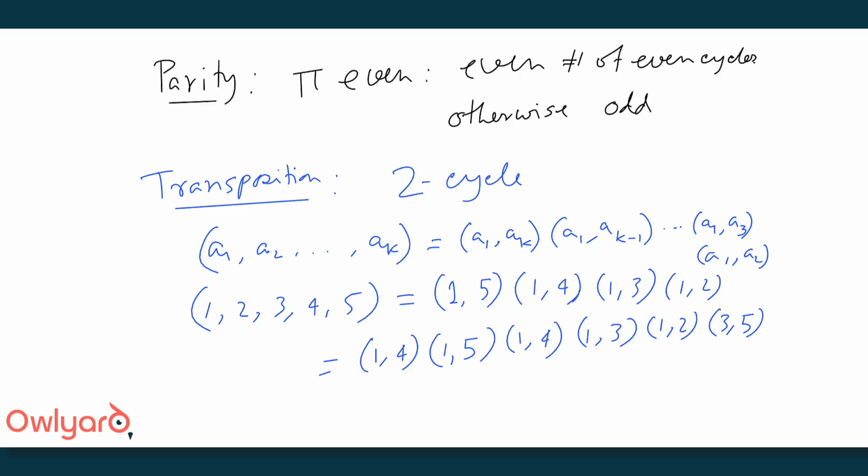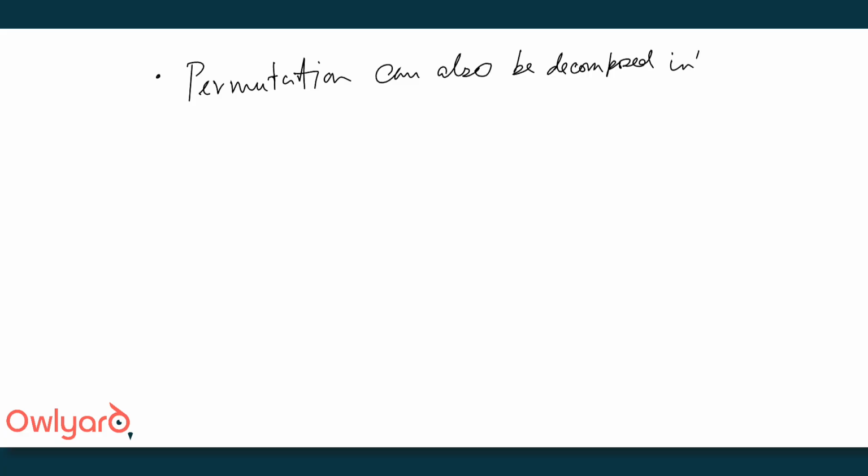Okay, now next what we're going to do, we will show that transposition plays an important role in the parity. So what we have just seen is that a permutation can also be decomposed into transpositions.